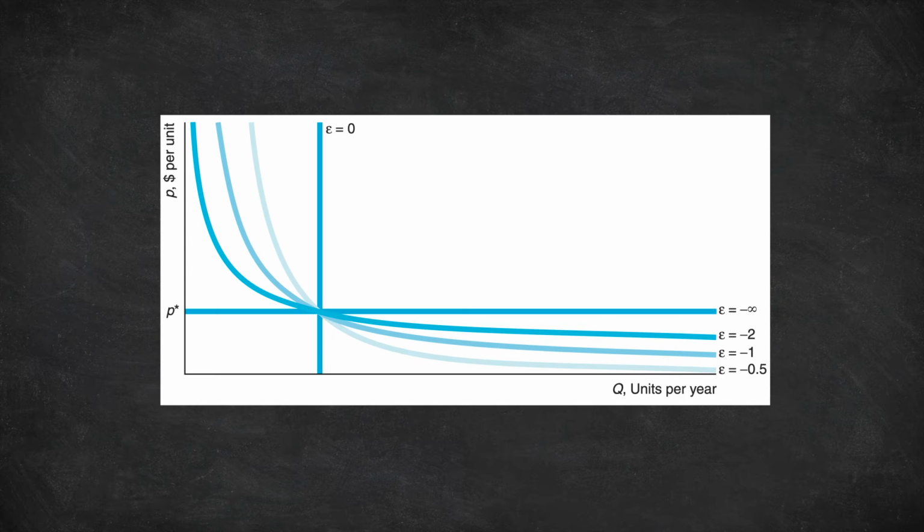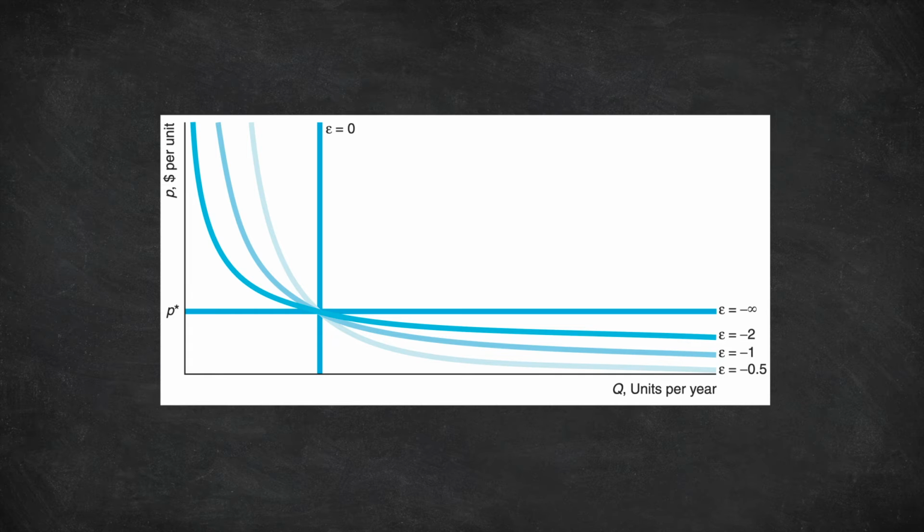So let me just first mention that this particular parametric form of demand function is really a family of demand functions. You can see in the diagram here different demand functions depending on that parameter epsilon. So epsilon equals 0 is the perfectly inelastic case where the inverse demand function is perfectly vertical.